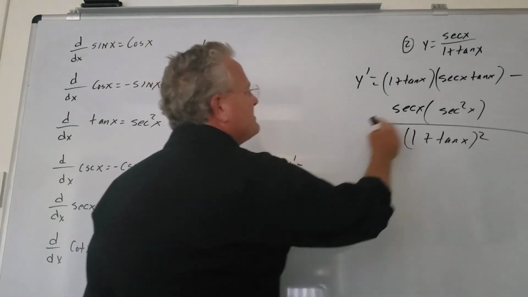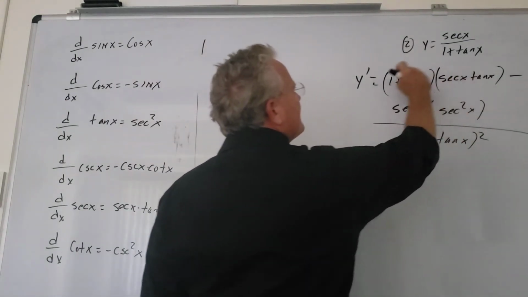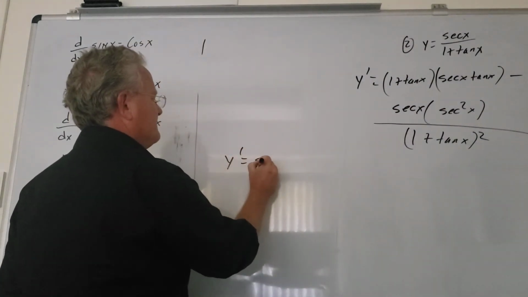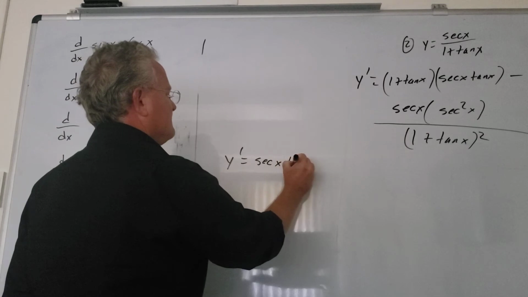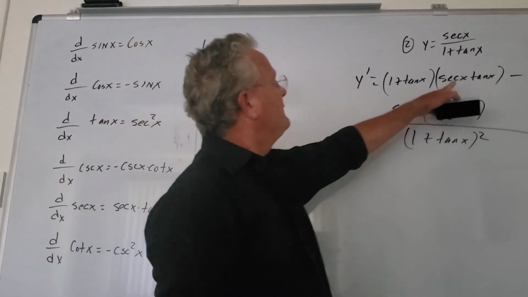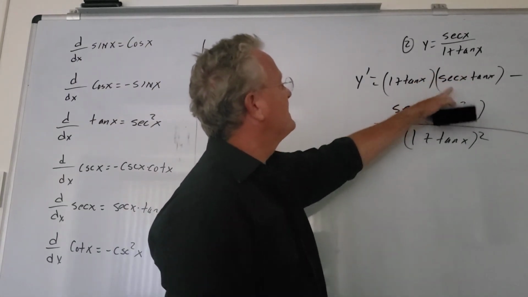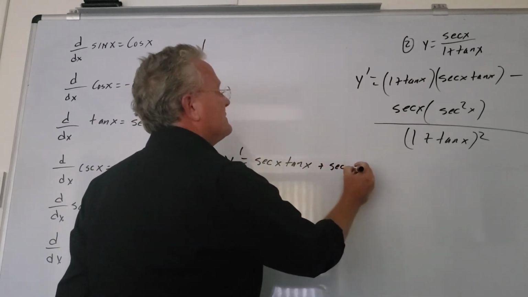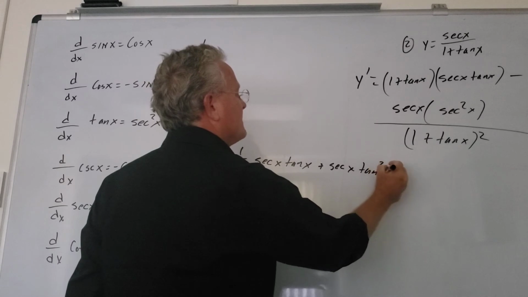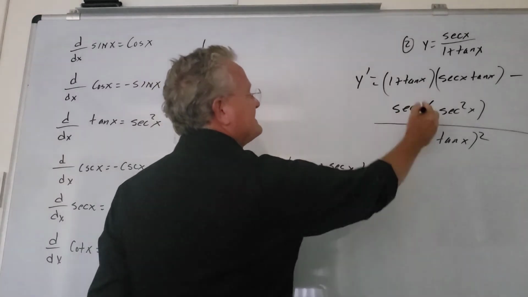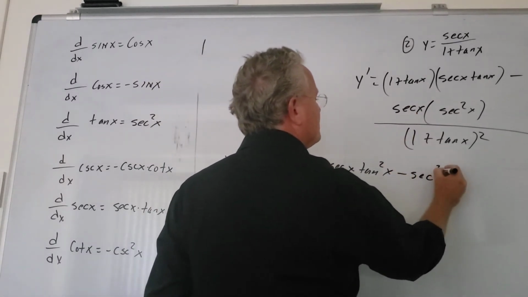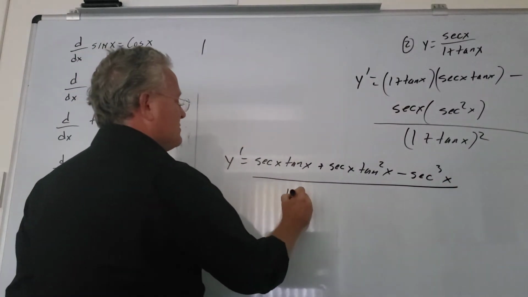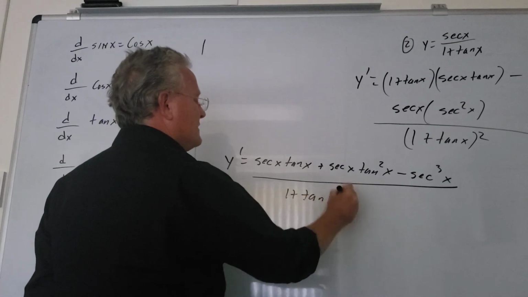So let me multiply this. Secant tangent times 1 is secant tangent. Secant tangent times tangent is secant times tangent squared, minus secant cubed, all over 1 plus tangent, quantity squared.